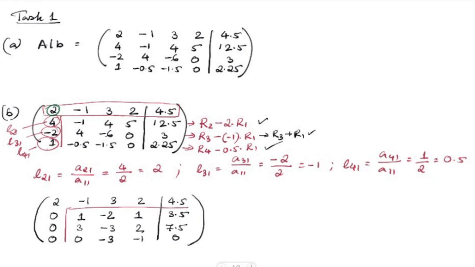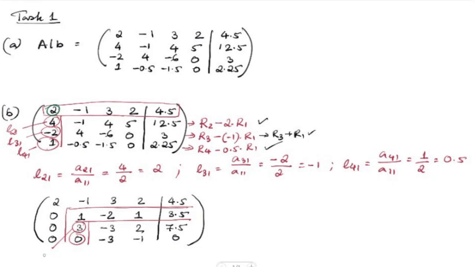So now we work only with the matrix that's inside these here. So we'll work with the smaller matrix here now, and from here again we'll freeze the first row. We don't make any changes to it, and we'll work on these elements below the first element of the first column.